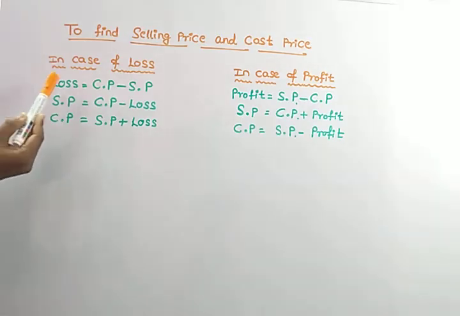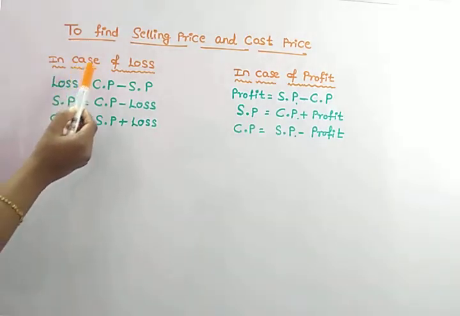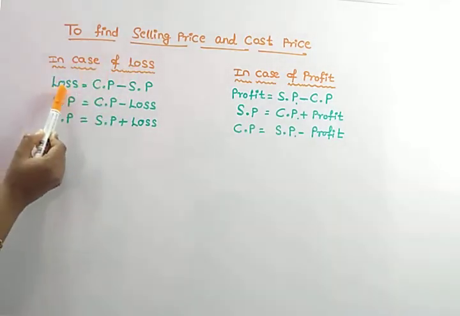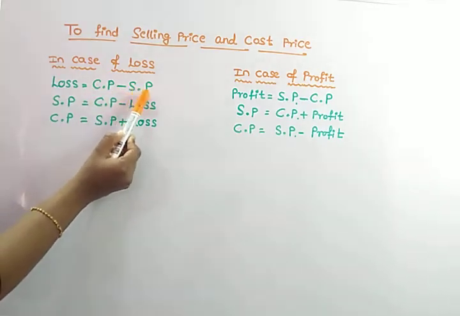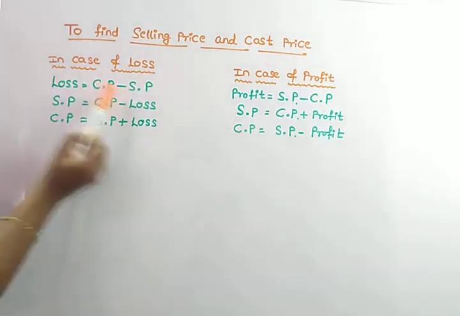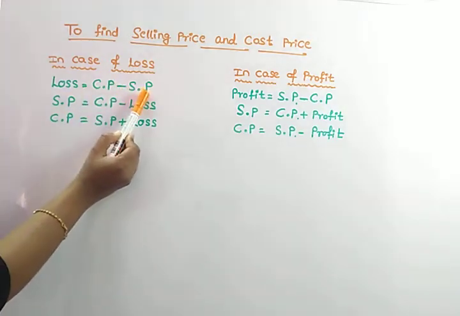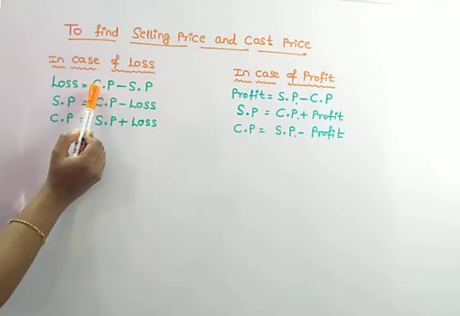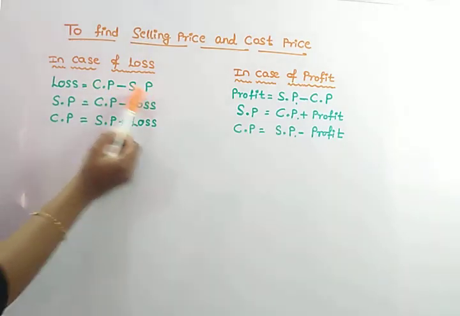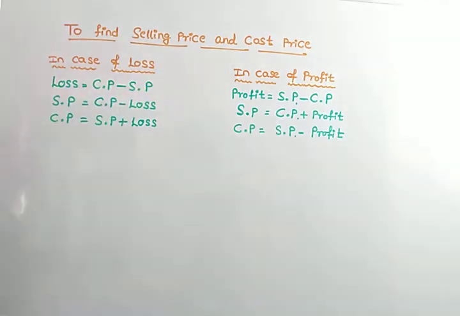The first case is loss. In case the shopkeeper suffers a loss, we know the formula: loss is equal to cost price minus selling price, because in this case the selling price is less than the cost price. So loss is equal to CP minus SP. We know this already.